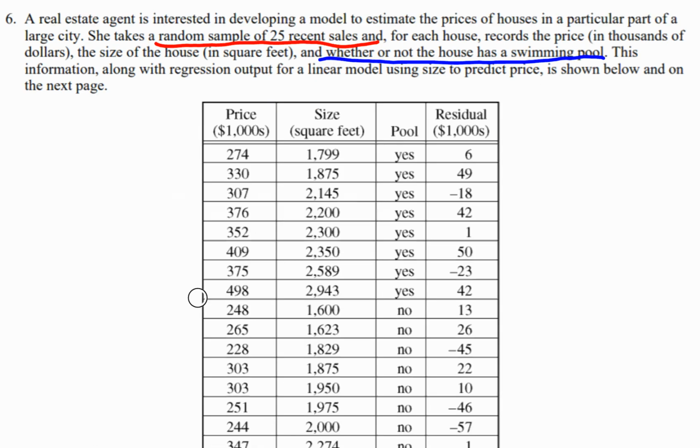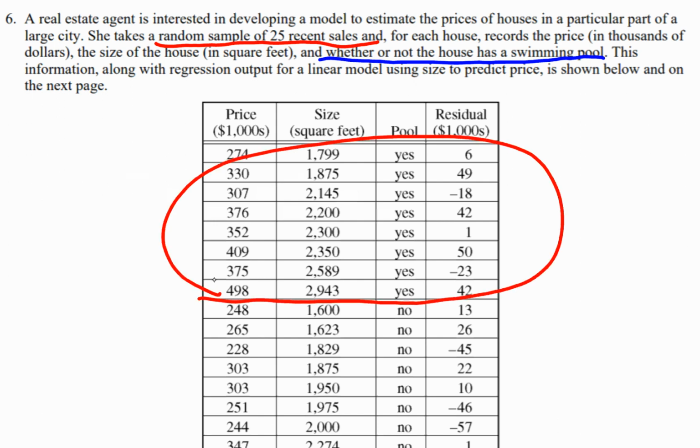The problem is telling us to use the residuals to look at that. So if we look at this first set of data up here, this whole group of houses, we can look at all of these residuals right here, and we can find the average residual. I'm going to call that X bar sub P, meaning the average of the residuals for houses with pools. Now, in the interest of time, I can tell you that if you do that, you will get about 18.6.